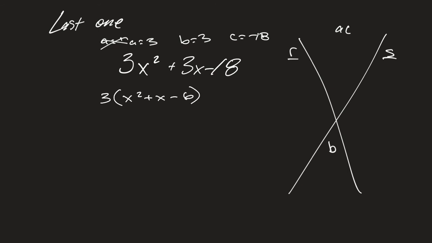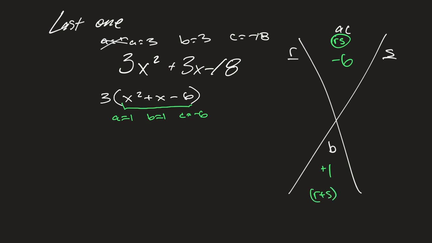And so now all I have to do is factor this trinomial, where a equals 1, b equals 1, c equals negative 6. So a times c is negative 6. Remember, those are our two factors multiplied together. And b equals positive 1. That's the sum of our two factors.